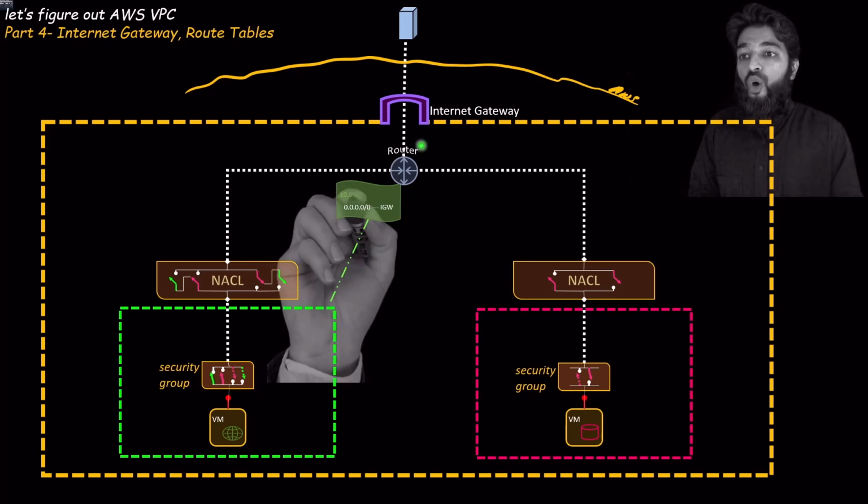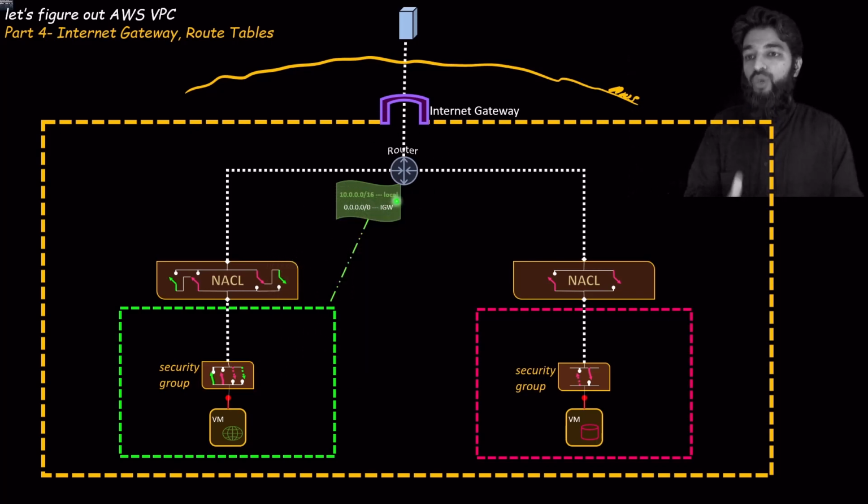That's because when you create a configuration for the router, that configuration will already have one implicit setting, which says if there is any traffic within the IP range, and this is the CIDR of your VPC, 10.0.0.0/16, then that traffic should be taken care of locally, right? So you don't have to configure this, this is always there.